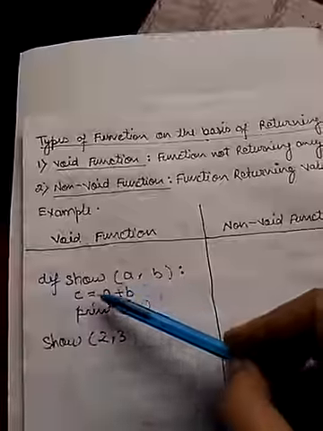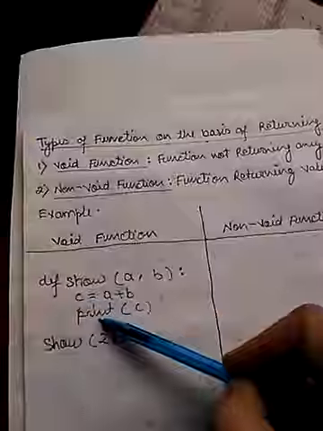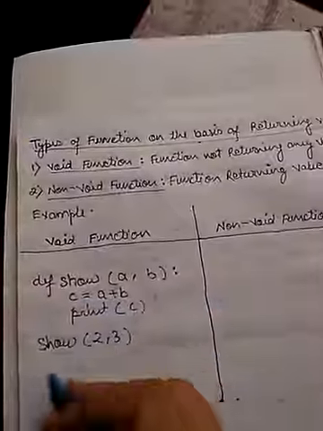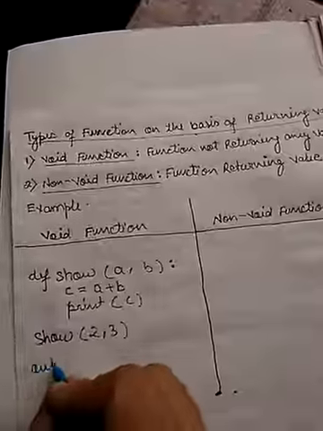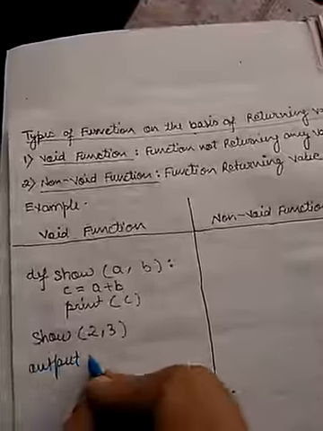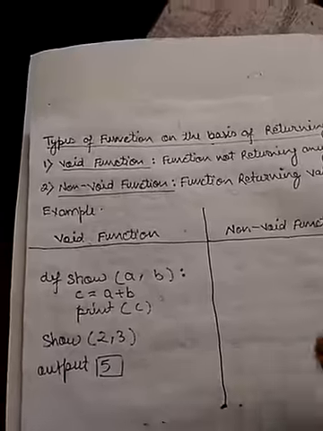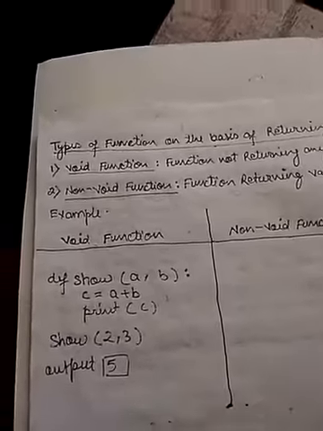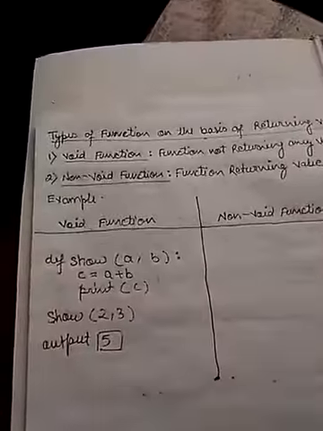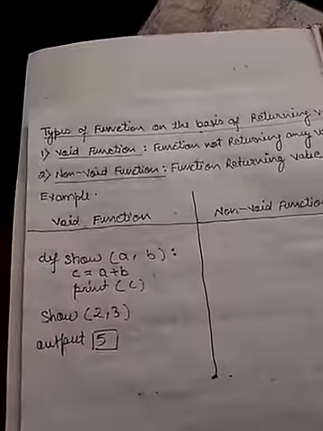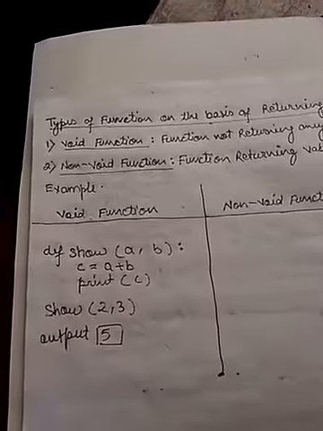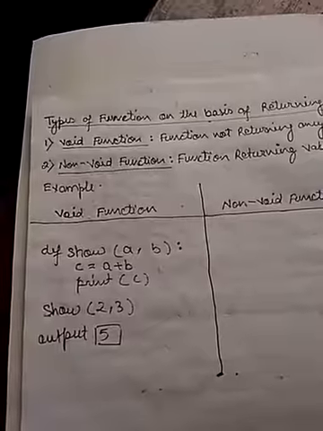Now it comes down: 2 plus 3 is 5, print c. The output will be 5. So here the function is not returning any value. That's why such functions are known as void functions.